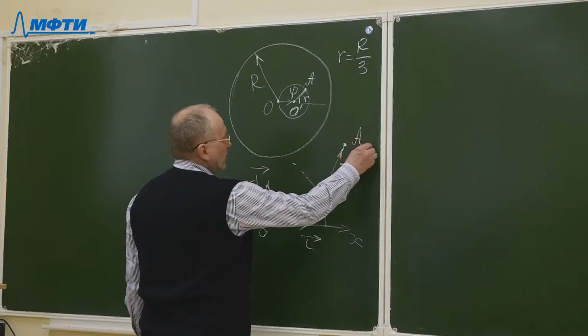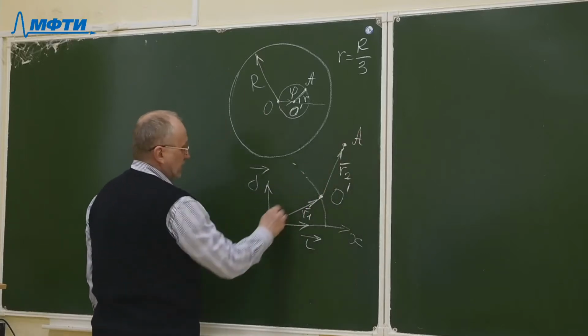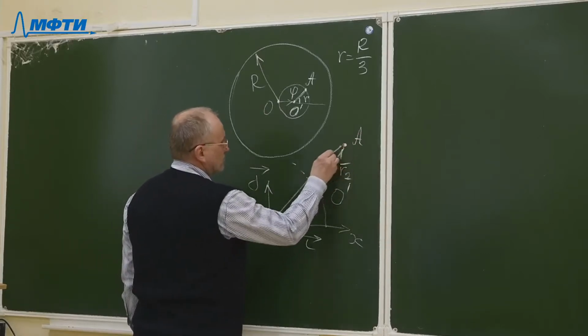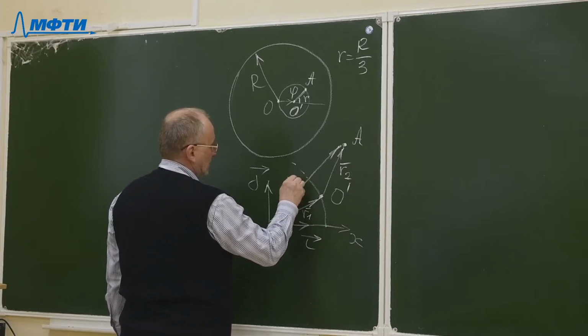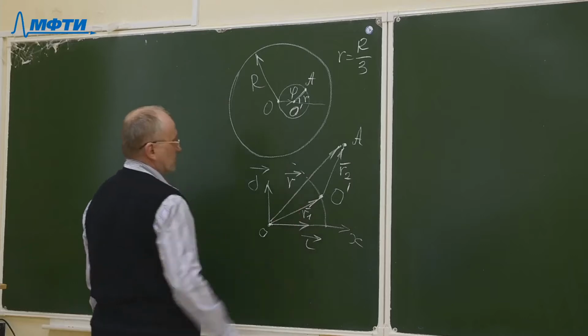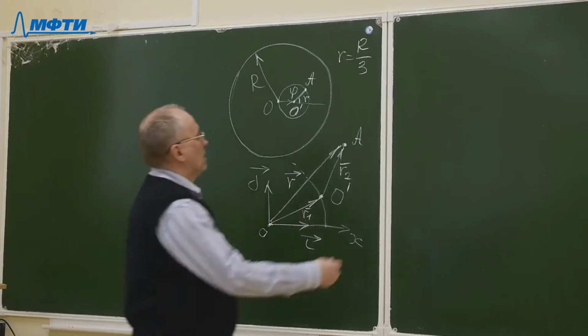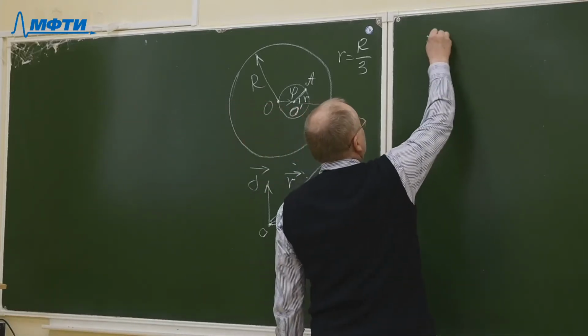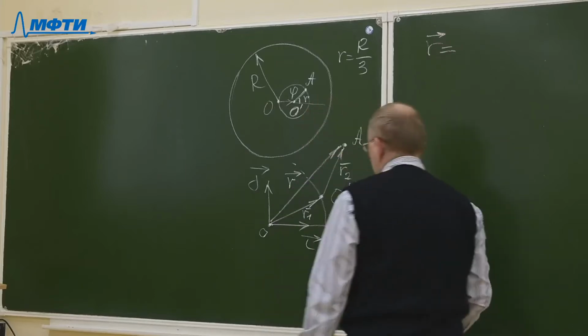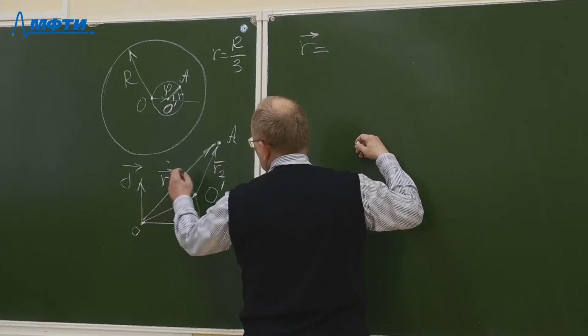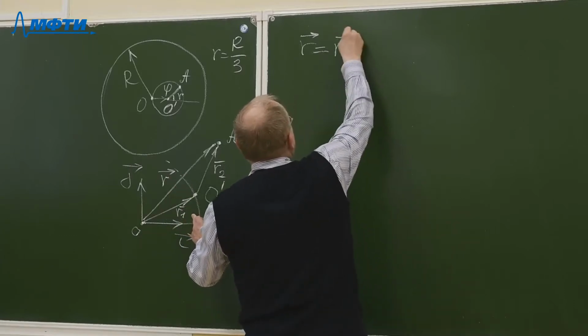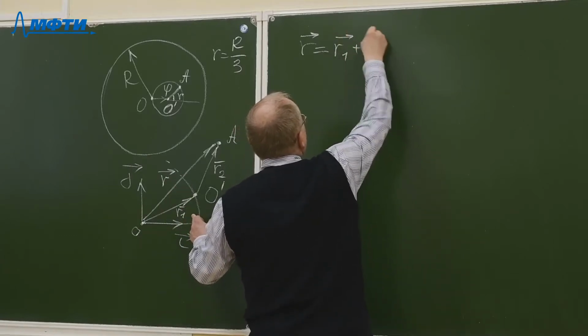I need to know the trajectory of point A, which will be described by radius vector, well, let it be simply r. According to the rules of addition of vectors, we can write that vector r equals vector r1 plus vector r2.